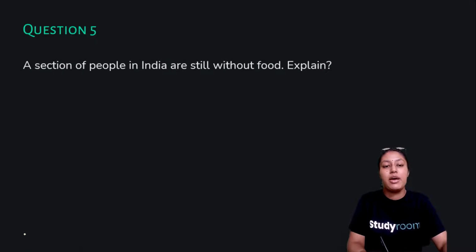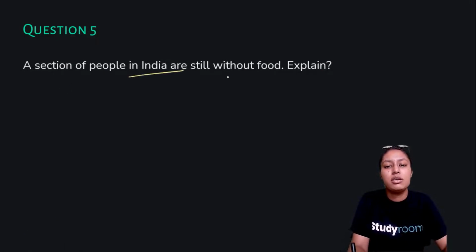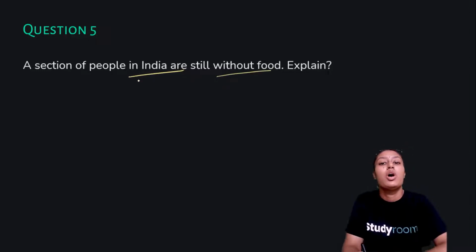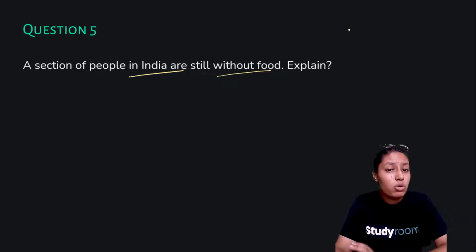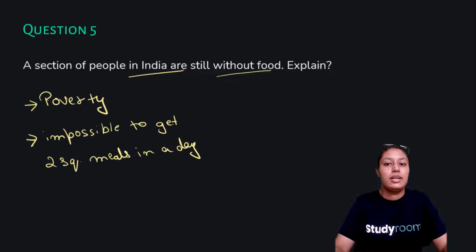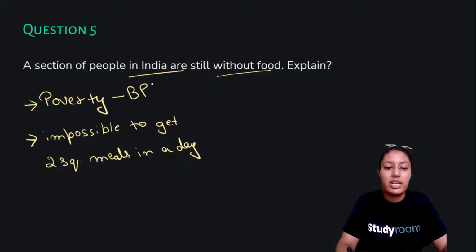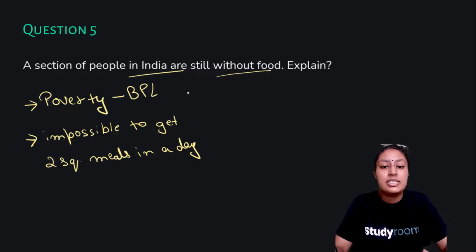All right. Question number 5 is, how is a section of people in India still without food? Explain. There is still a section of people who are food insecure and still do not have food. How do you think it's possible, and who are these people? Yes, it is people who are below the poverty line, the poorest of the poor.